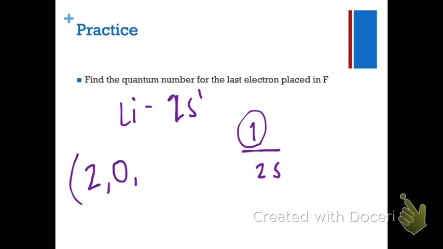Labeling goes from -L to +L, which is just 0, so the only label that goes in there is 0. Then is it +1/2? Okay, so this is the address of this individual electron.